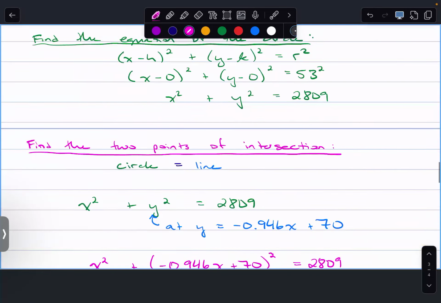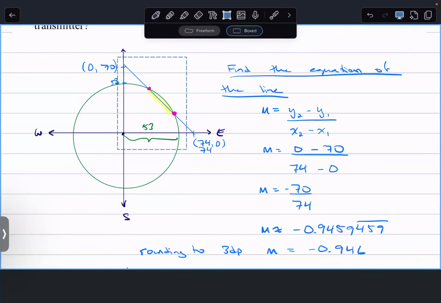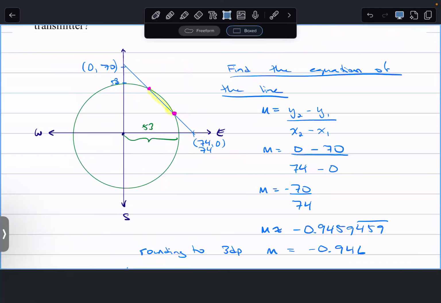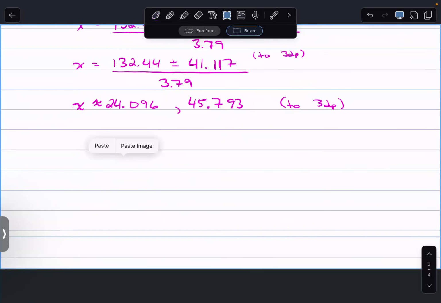So if I just snag this, well, I guess you can't see what I'm doing. Sorry. I should change it. Just let me paste this here.